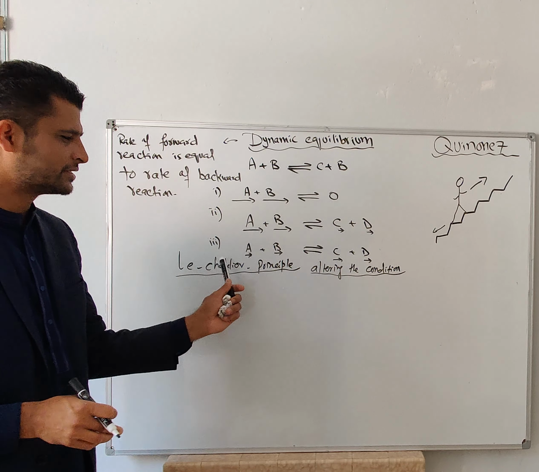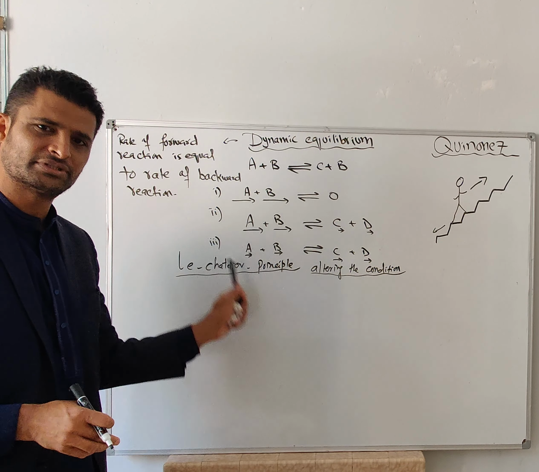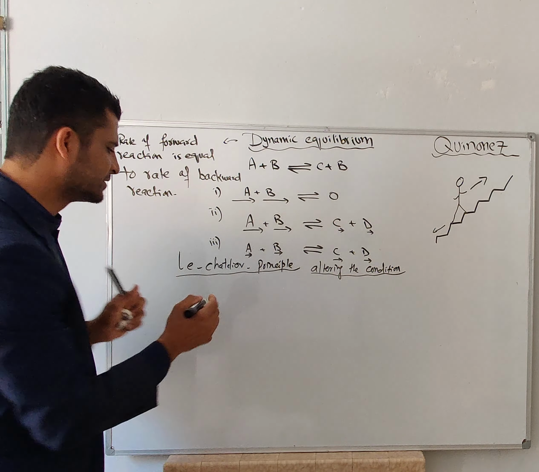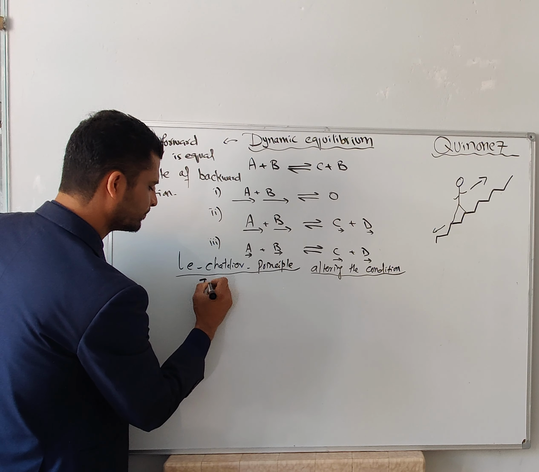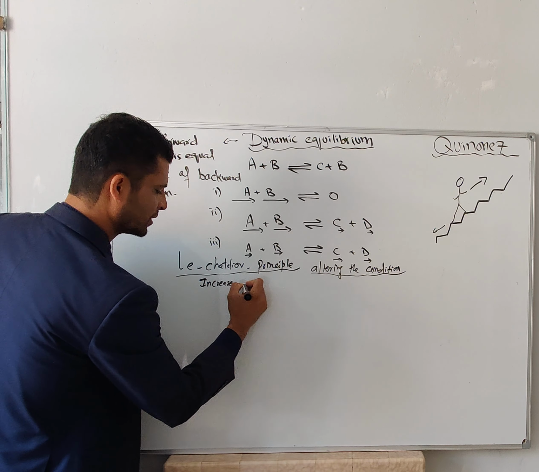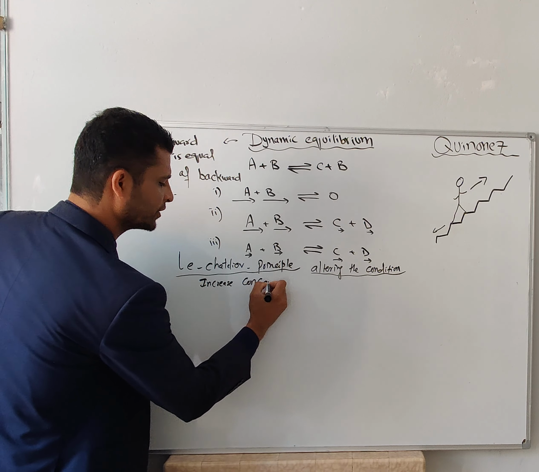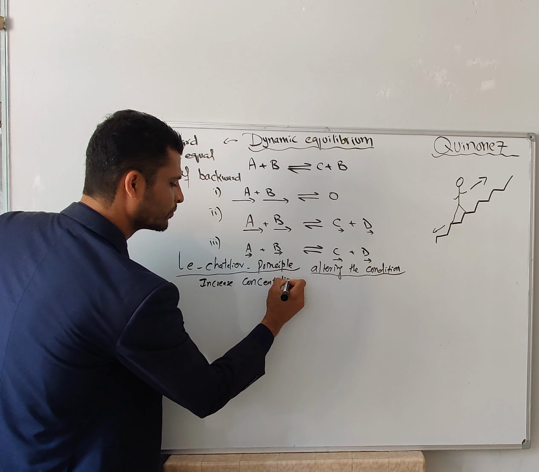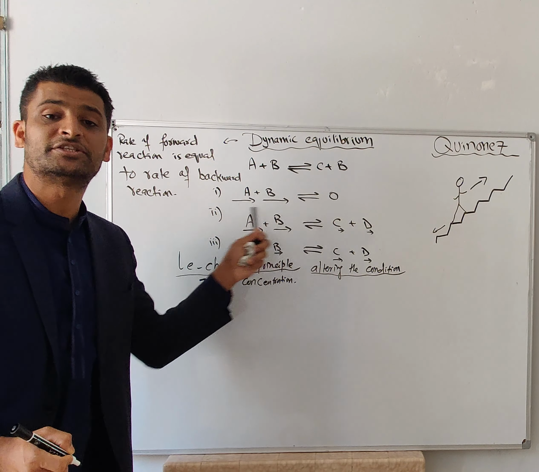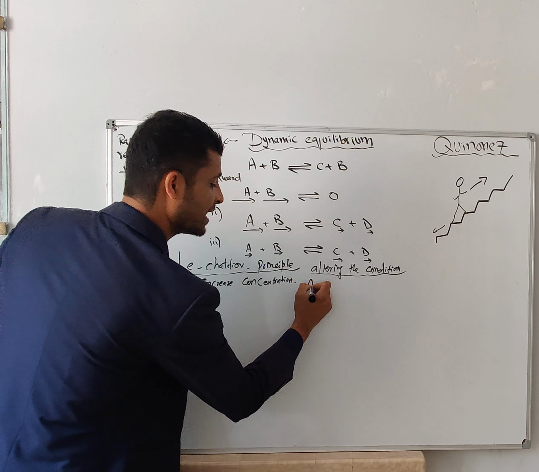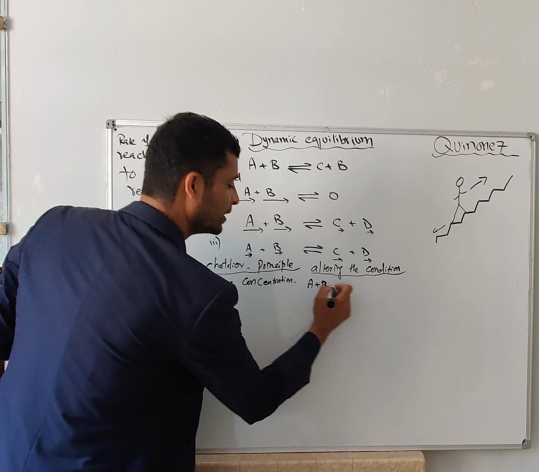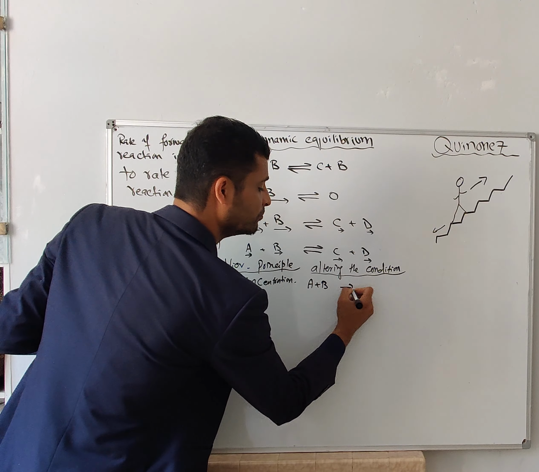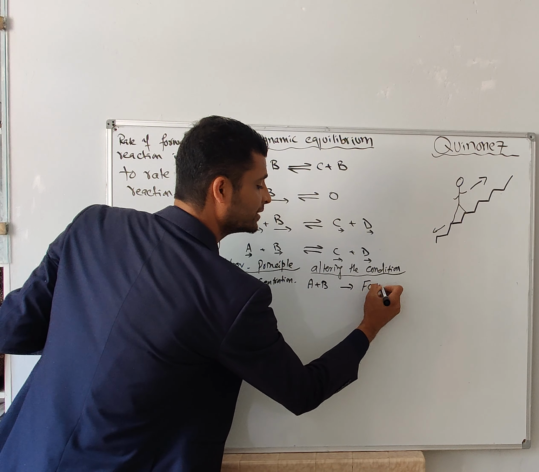Now when you have established the equilibrium, I'm going to increase the concentration of A plus B. If you increase the concentration of A plus B, the reaction will move in the forward direction.